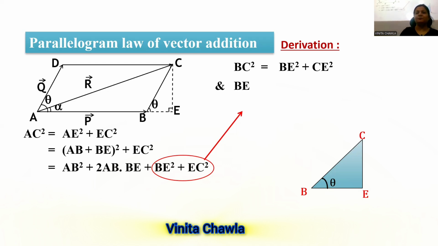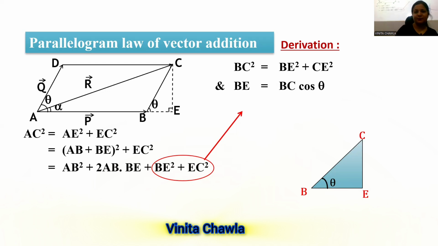And what about BE? BE can be written as BC cos theta. We have simply resolved this vector, writing the base and the perpendicular in terms of sin theta and cos theta. So CE can be written as BC sin theta and BE can be written as BC cos theta.